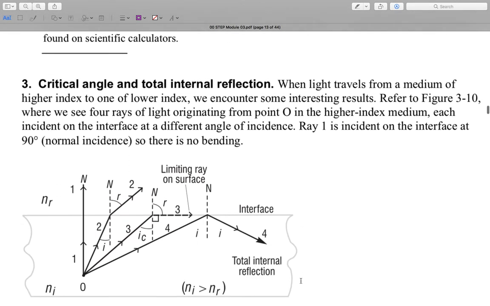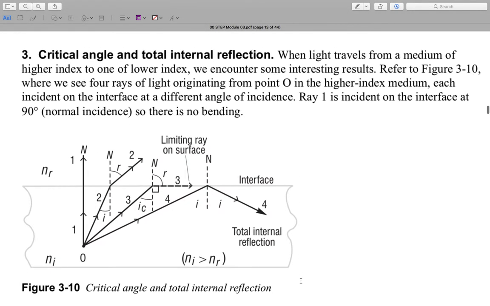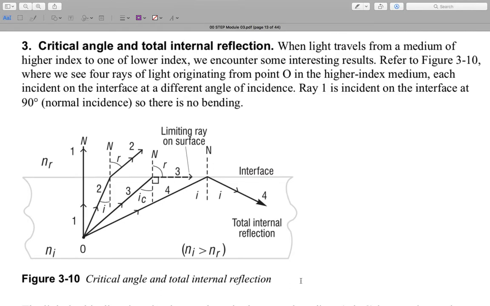Okay, now about the critical angle. This is the critical angle and total internal reflection.